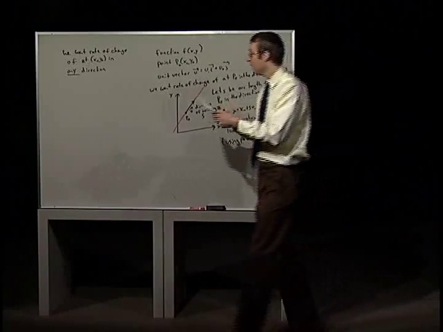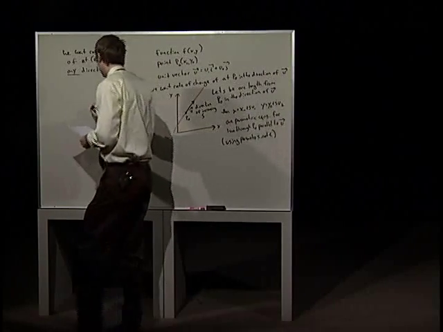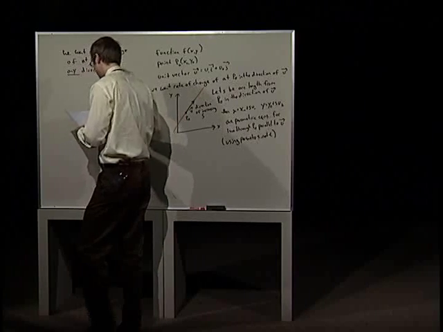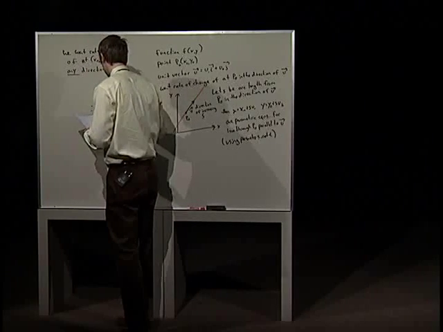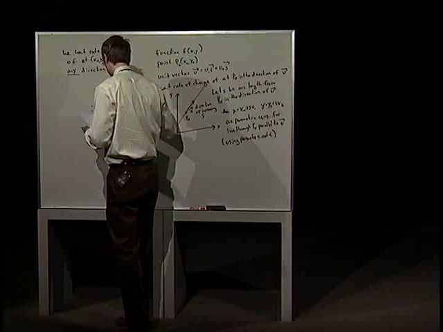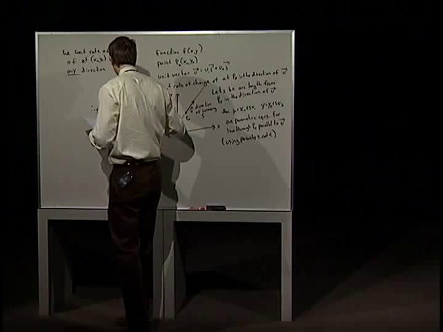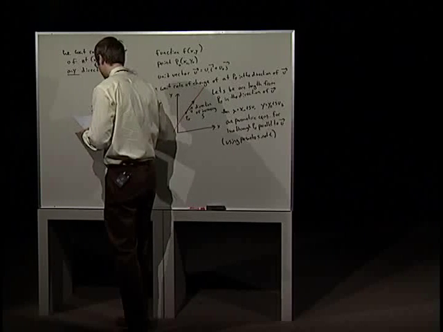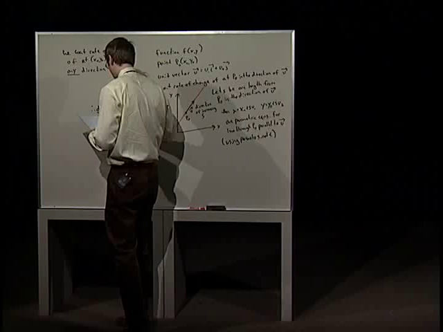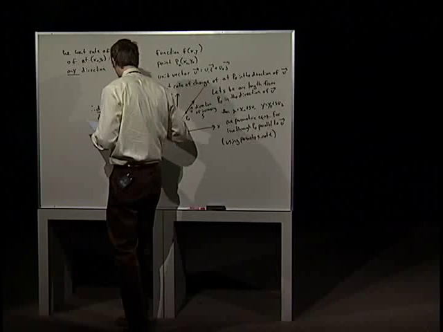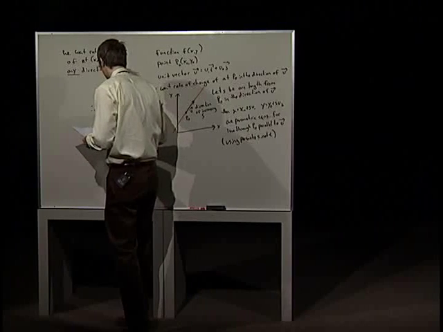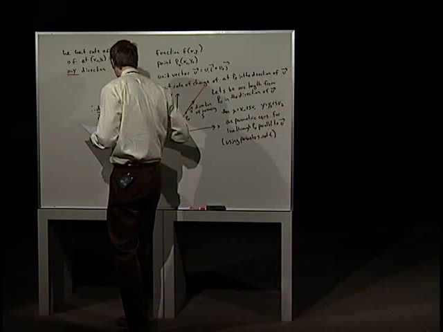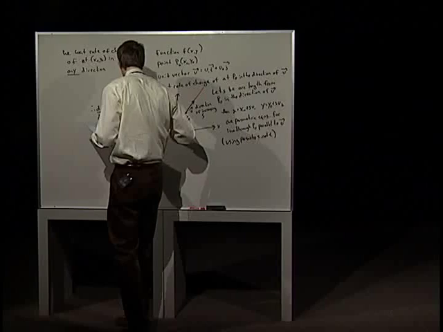So df ds at x naught, y naught gives the rate of change of f at P naught in the direction of u.